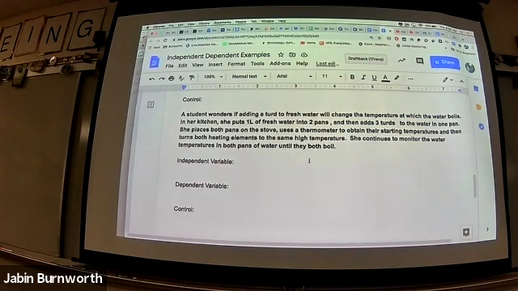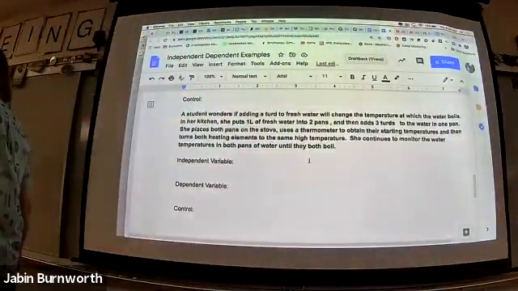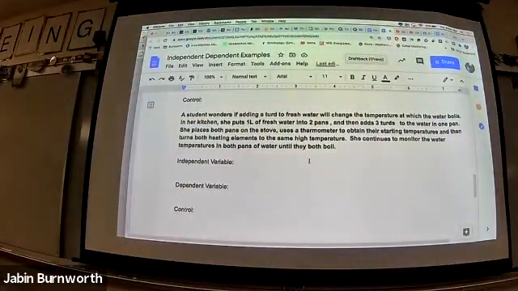Yes, Sam. The poop. The poop isn't living, but there could be living stuff in the poop. So maybe the non-living stuff. Yes, the water's non-living, absolutely. And then what would be some non-living stuff in the poop?